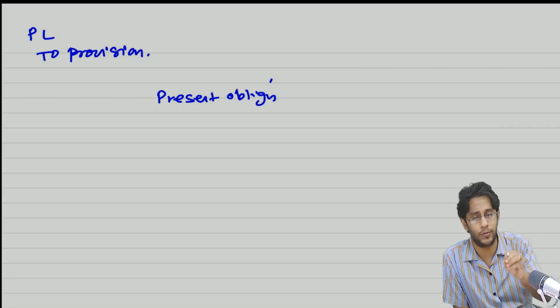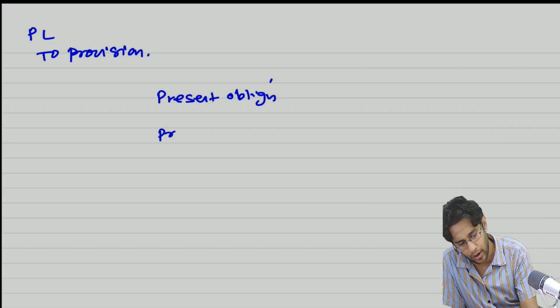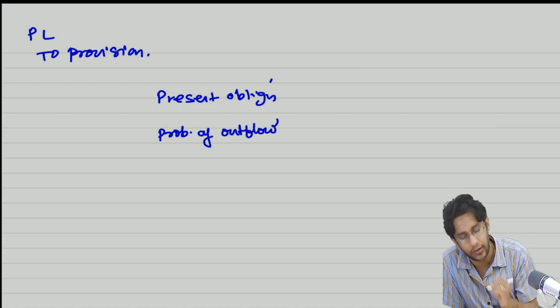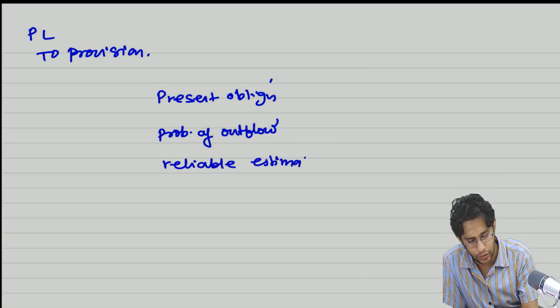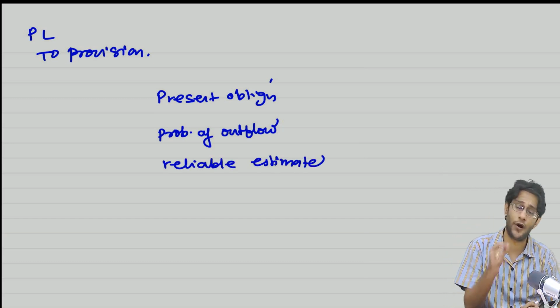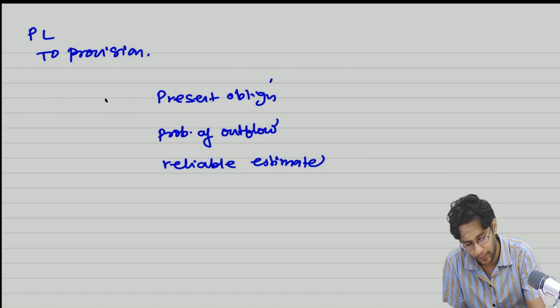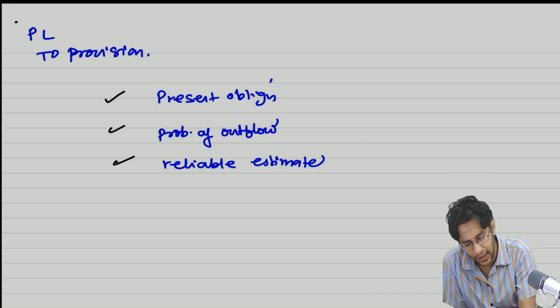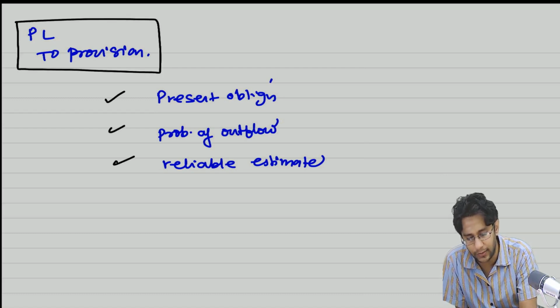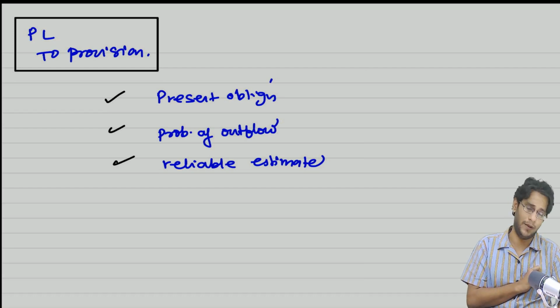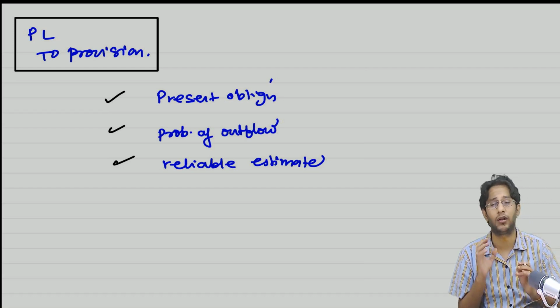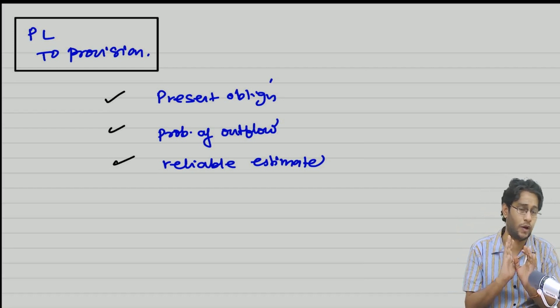Next, probability of outflow of resources should be there, and then a reliable estimate could be made towards the amount of obligation. If all the three conditions are satisfied, pass, and then you can confidently write a provision. Out of these three, if you fail at least one condition, then you cannot recognize the above entry. You cannot recognize the provision.